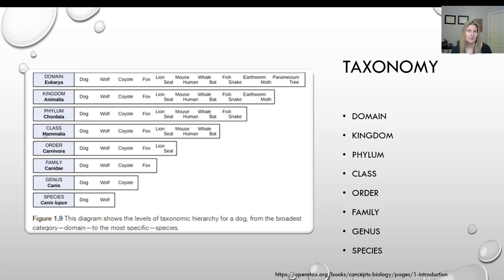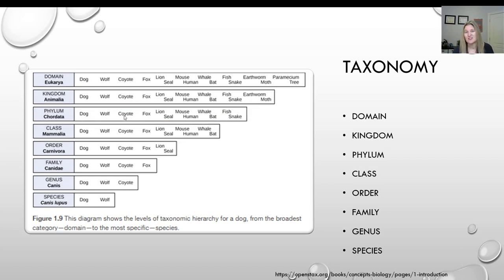Now mammals provide milk for their young, but fish don't. Snakes don't. So we can broaden that to the classification of phylum, which includes the fish and the snakes and the lizards and the turtles, along with all of the mammals. So we're in phylum Chordata.